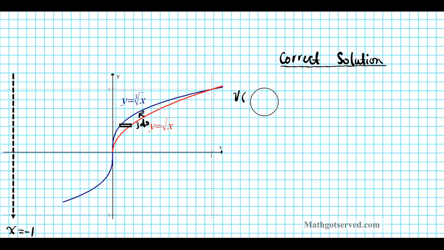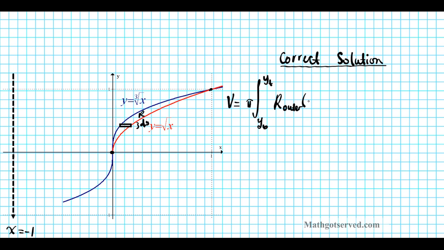So our volume V is going to be pi times the integral from, now this slice is going to be going from the bottom to the top. We're going to be looking at the y coordinates. So from y bottom all the way to the y top, times the outer radius, r outer, and then we want to specify what function this is.